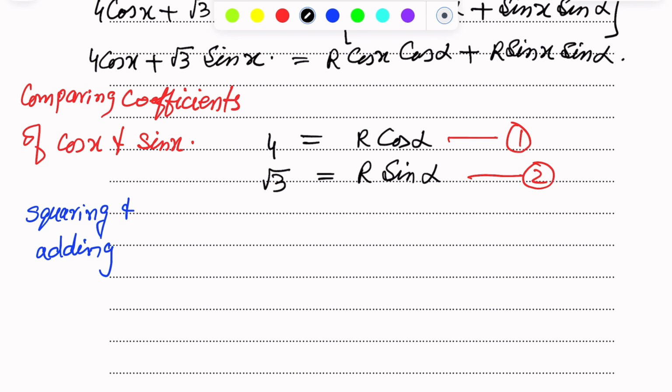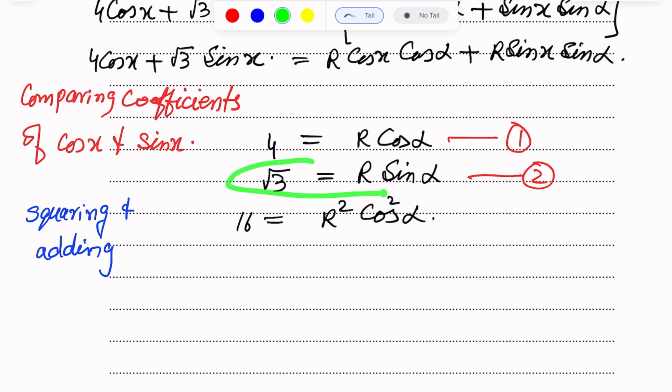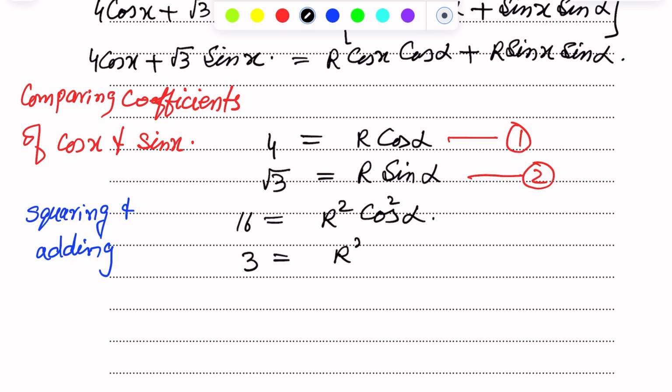Squaring equation number 1, we get 16 is equal to r squared cos squared alpha, and squaring equation number 2 we get 3 is equal to r squared sin squared alpha.